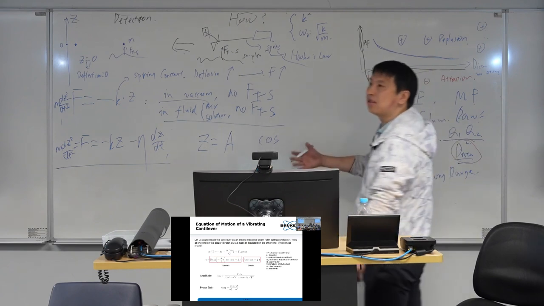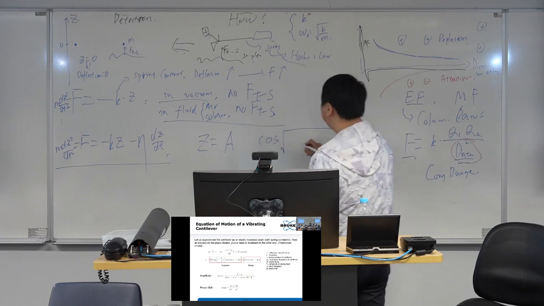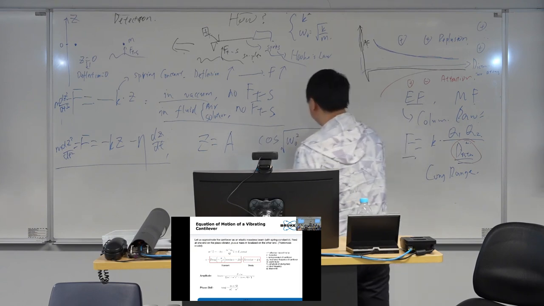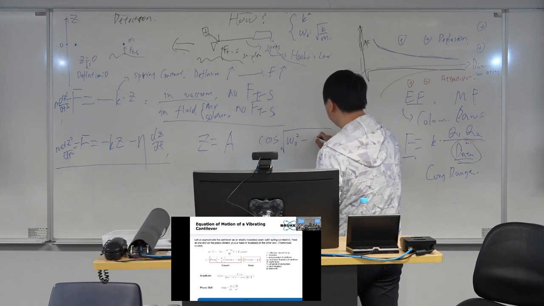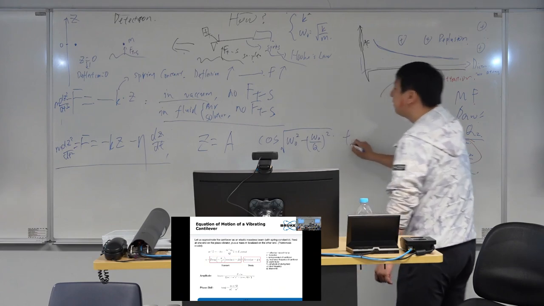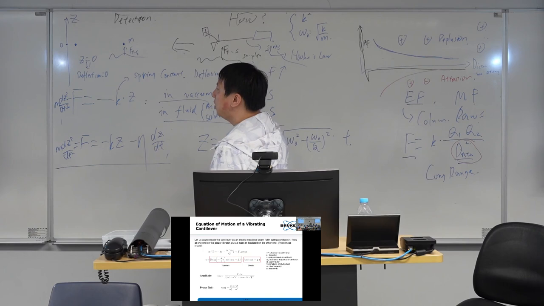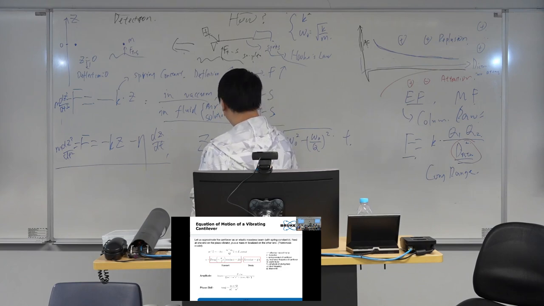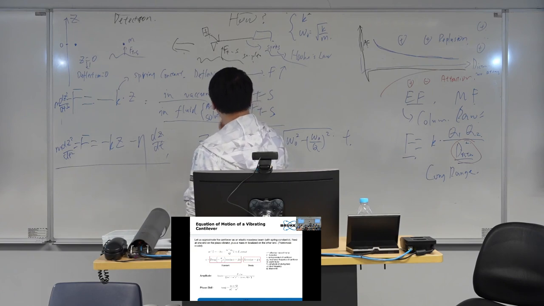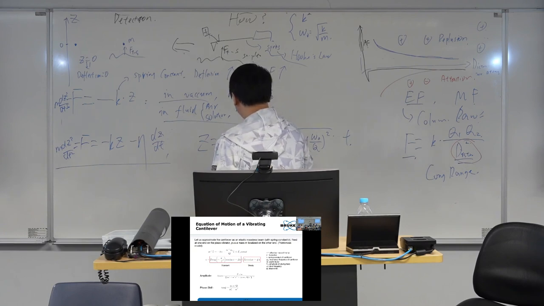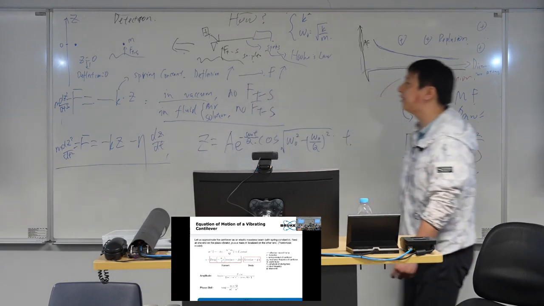And the result, I just write it down here. It should be equal to omega 0 squared minus omega 0 divided by Q squared, and then times t, and here should be e to the minus omega 0 t divided by Q, something like that.